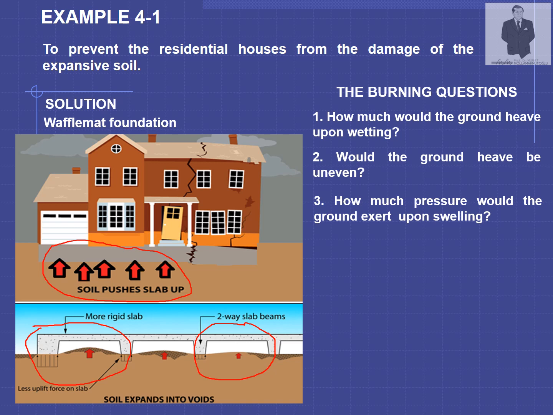However, if the uplift pressure is greater than the foundation stresses, then the structure will be damaged because it will move upwards. And as explained earlier, if the pressure localizes in one part of the foundation, then there will be differential movement. This will cause the structure to fracture.